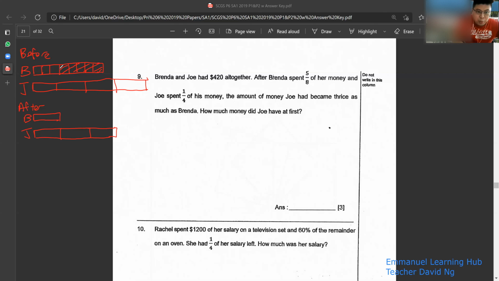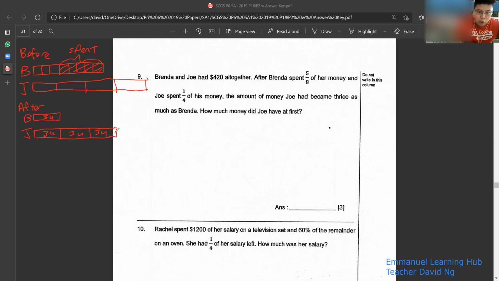Because Brenda has 8 parts, spent 5/8, then she is left with 3 units. Then Joe had 3 times as much as Brenda after he spent 1/4 of his money.